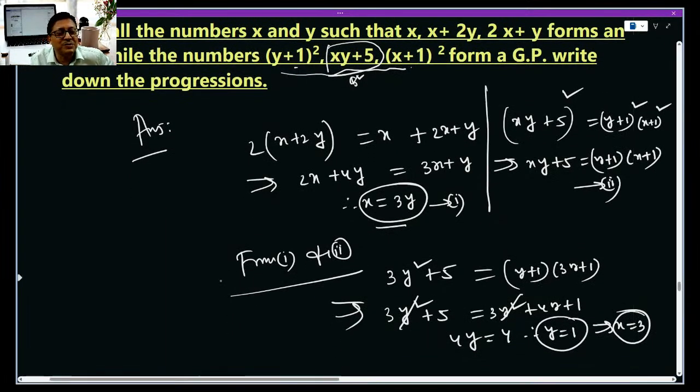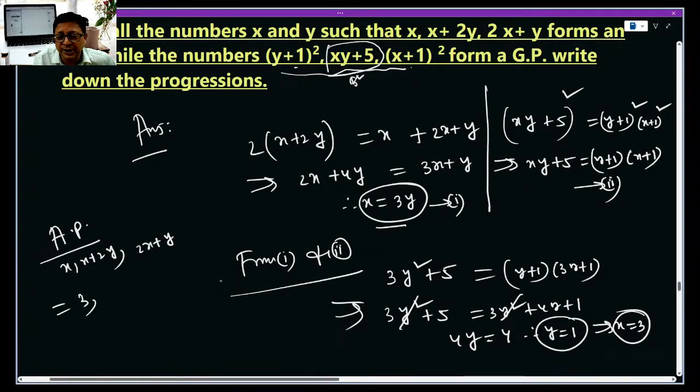And the second one also. So the AP series is what? x plus 2y, this means 3, then x plus 2y is 5, and 2x plus y is 7. AP we got.